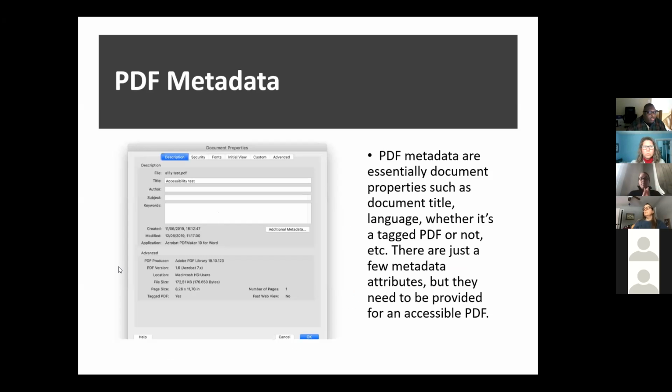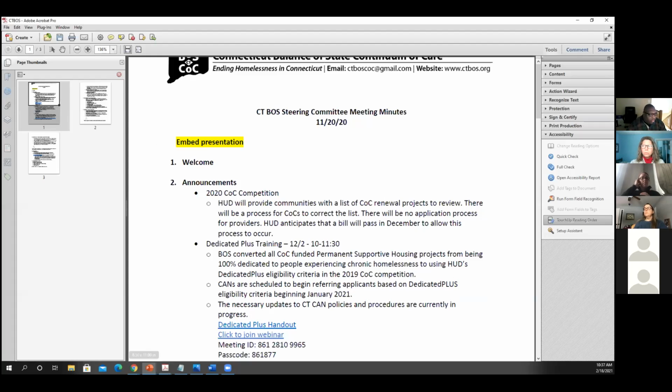All right, so here we go. Metadata. Now, for a document, it has to be properly defined in regards to a title, author, and subject. All properties can be modified within Adobe Acrobat Pro. So this is an example, going back into our document.